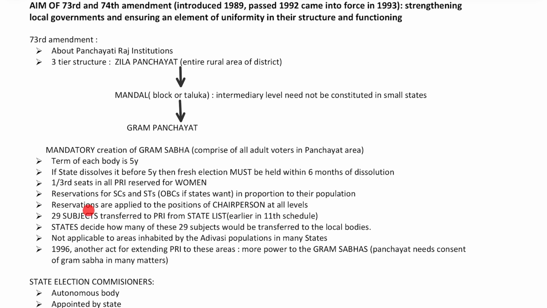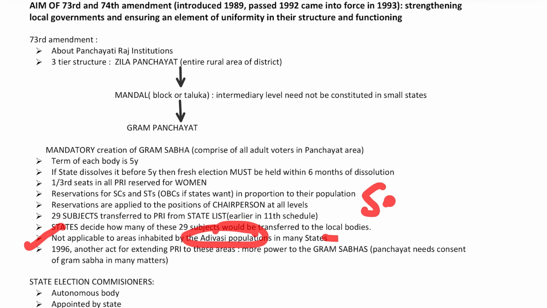29 subjects were transferred to PRIs from the state list, earlier placed in the 11th Schedule. The states decide how many of these 29 subjects will be transferred to the local bodies. It is not applicable to the states inhabited by the Adivasi population in many states.